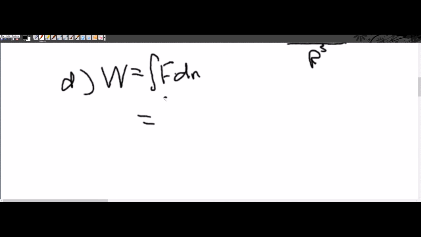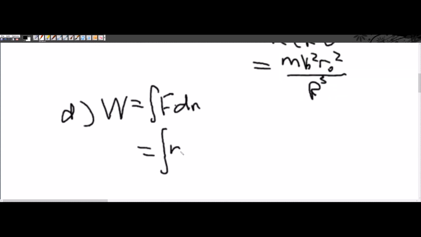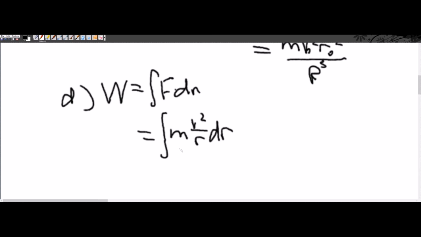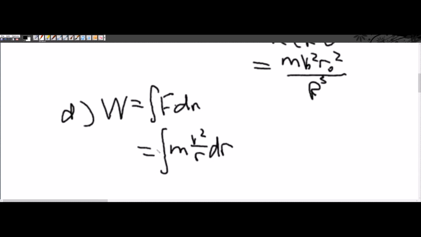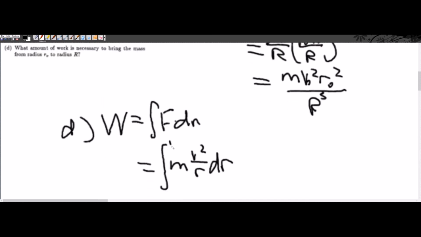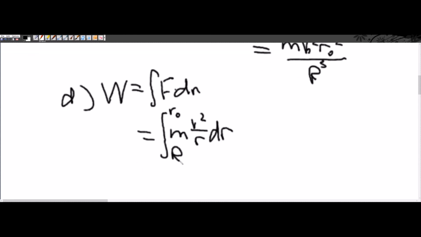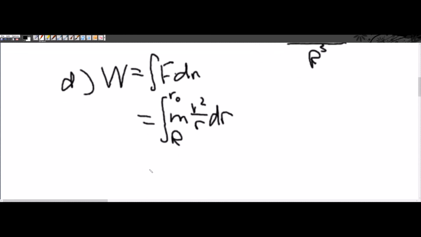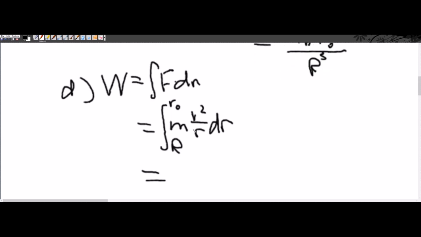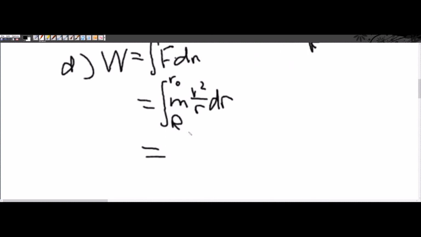You can write it as the integral of tension, so m v squared over r, dr. Now we know you're going to evaluate this from r0 to r. Because the velocity changes with r, we can't just take it outside the integral. So let's just sub this in.